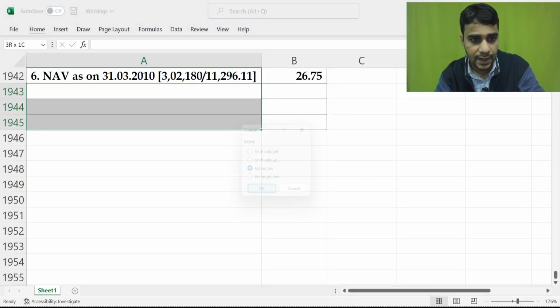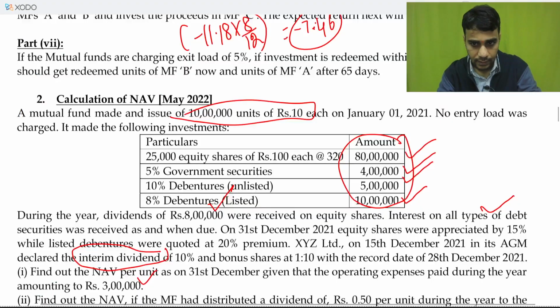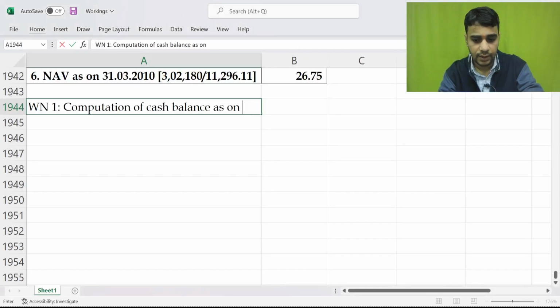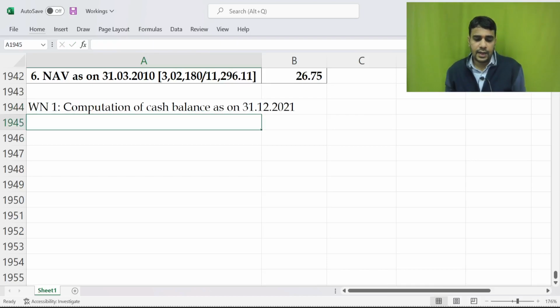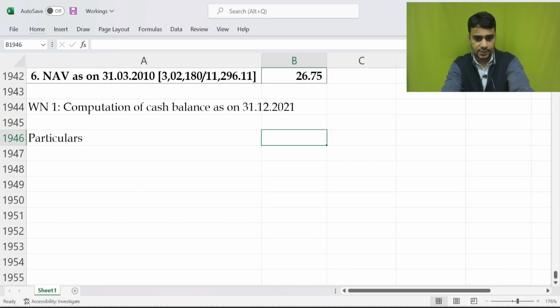Computation of cash balance as on 31/12/2021. Particulars and amount.